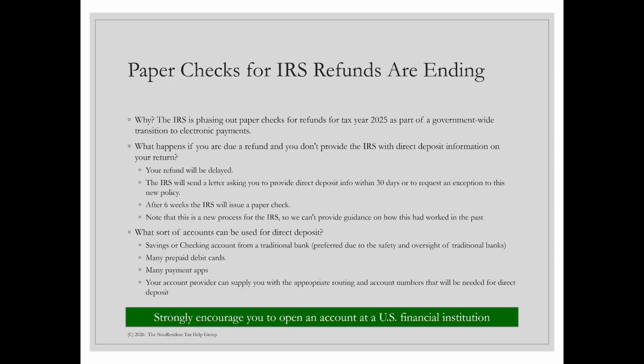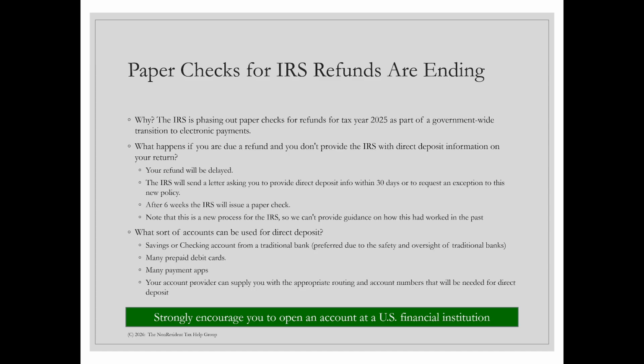The first thing that will happen is that they'll take your return. That'll all be great. But then they'll get to the end and they'll say, oh, you don't have a bank account. And they will send you a paper letter saying, hey, you didn't have any bank information in there. Please give us your bank information within 30 days.